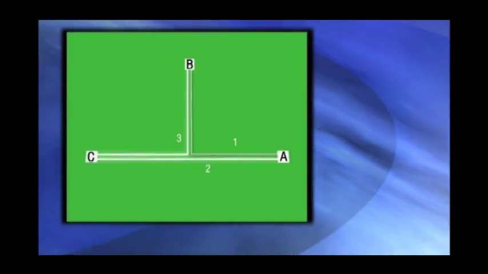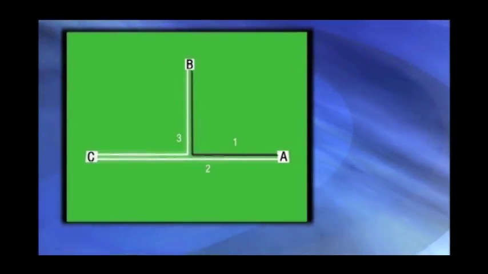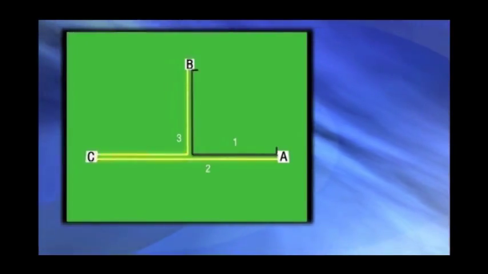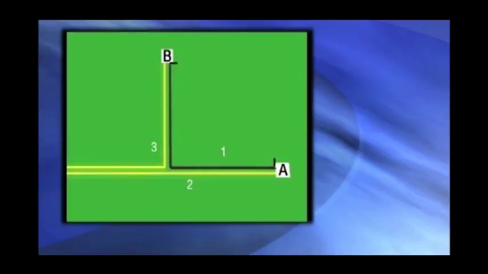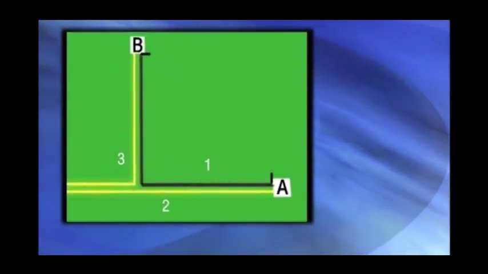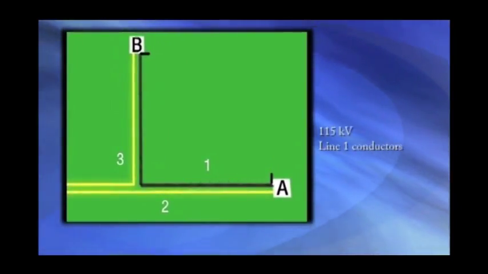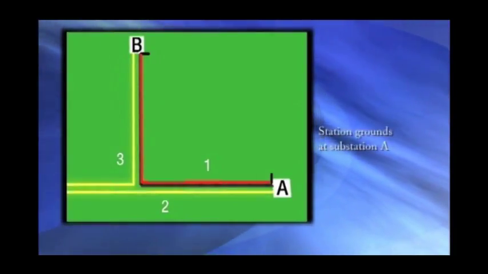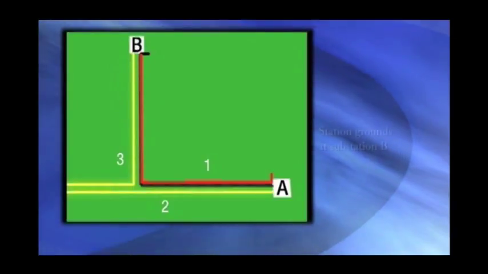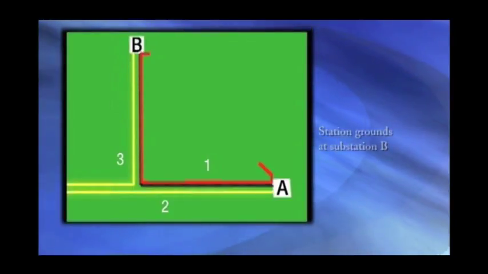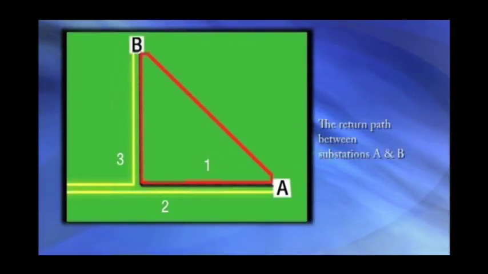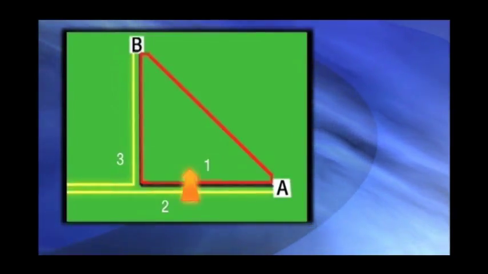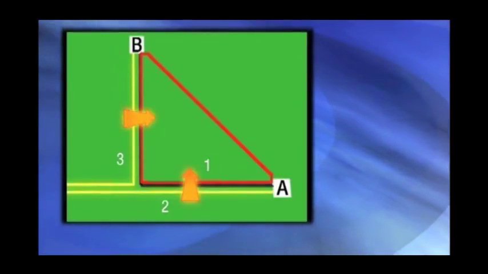Line 1 was de-energized and grounded at both ends, substations A and B, while lines 2 and 3 remained energized. Hence, we see that line 1 formed a long loop consisting of the 115 kV line 1 conductors, station grounds at substation A, station grounds at substation B, and the return path between substations A and B. This loop received induction from line 2 for part of its run and from line 3 for another part of its run.